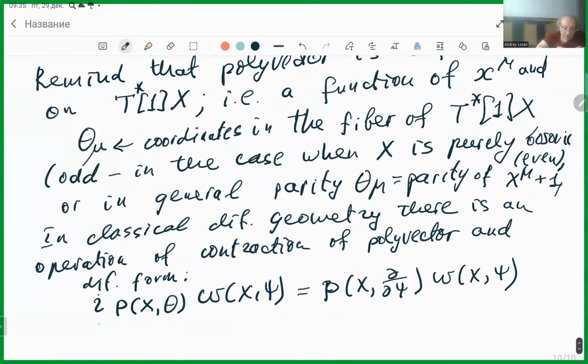You may know it if P of x theta represents a vector field.